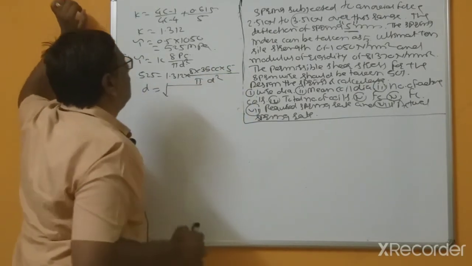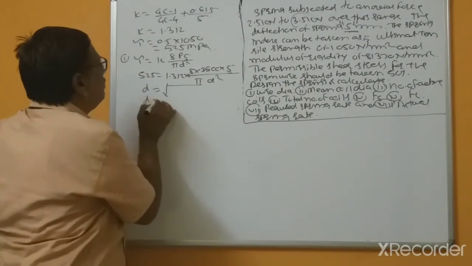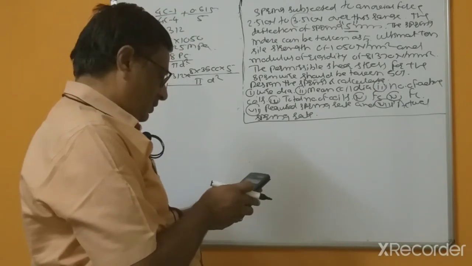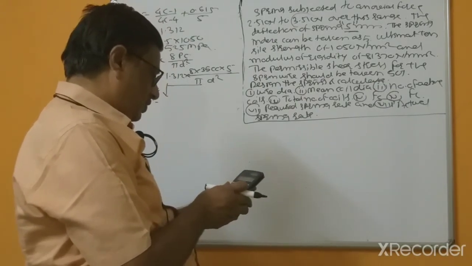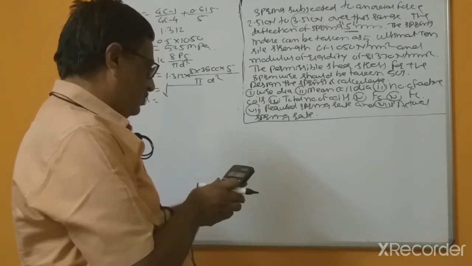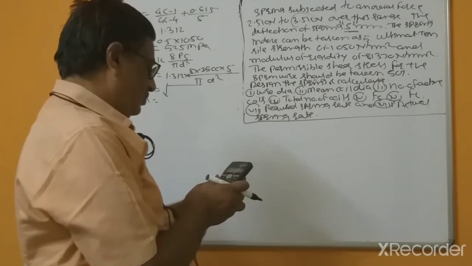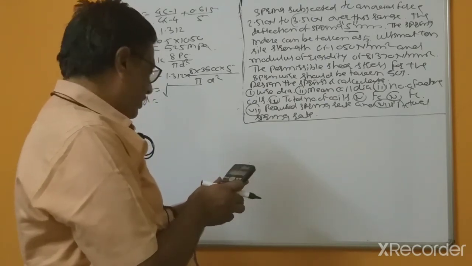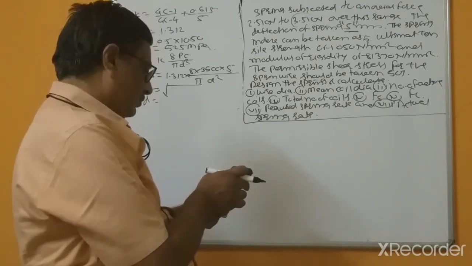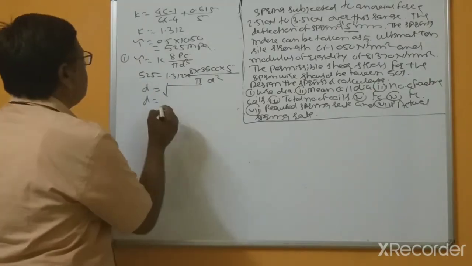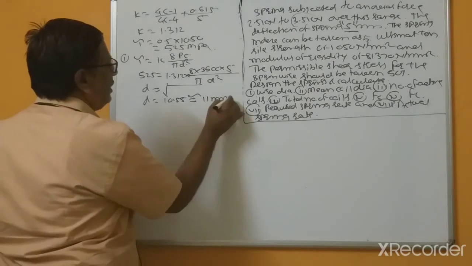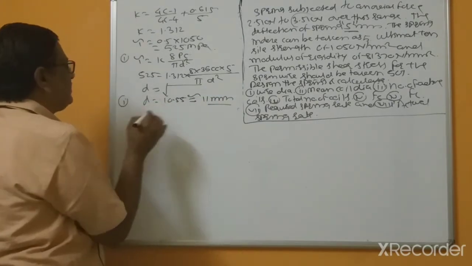D is the diameter, D equal to the square root of 1.312 into 8 multiplied by 3500 and 5 divided by pi divided by 525. That's why this is 10.55 mm. Suppose I increase, this is 11 mm. This is your first answer.